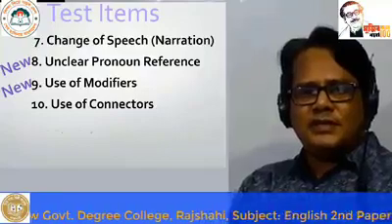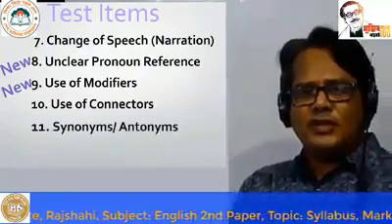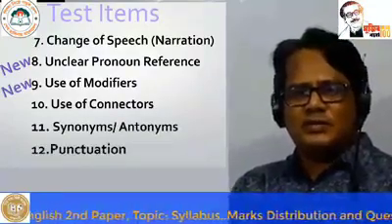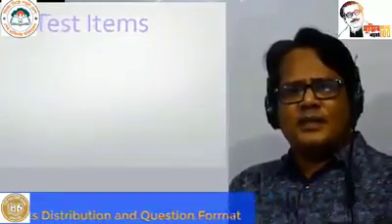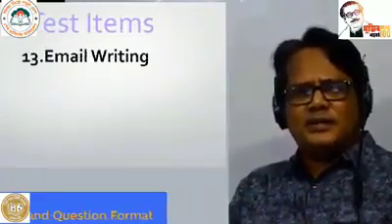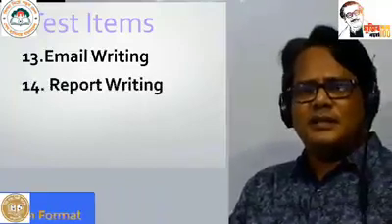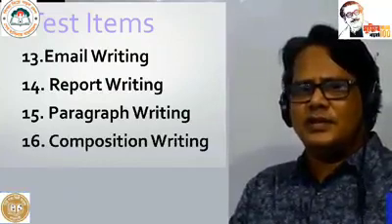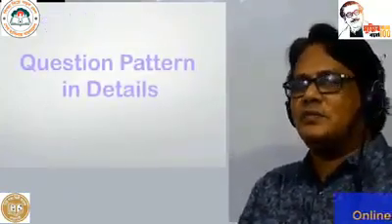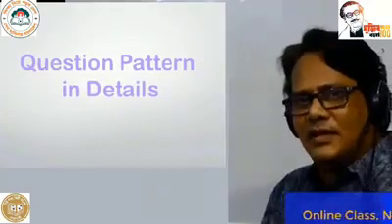Then use of connectors, synonyms and antonyms, punctuation. So these all are about grammar items. Then writing part. Question number 13, email writing. Then report writing, paragraph writing and composition writing. Okay dear learners, have a look at the question patterns in details.